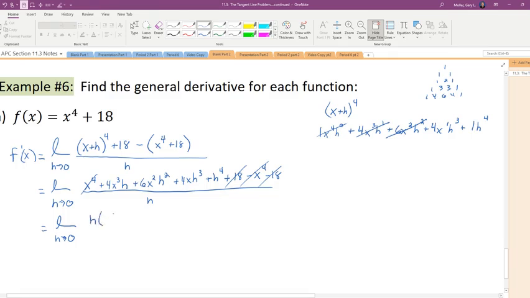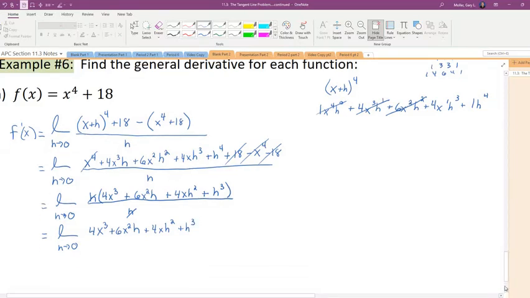Giving me 4x cubed plus 6x squared, one of the h's is gone. Plus 4x, one of the h's is gone. Plus h cubed. H cancels. Limit as h goes to 0 of 4x cubed plus 6x squared h plus 4x h squared plus h cubed.